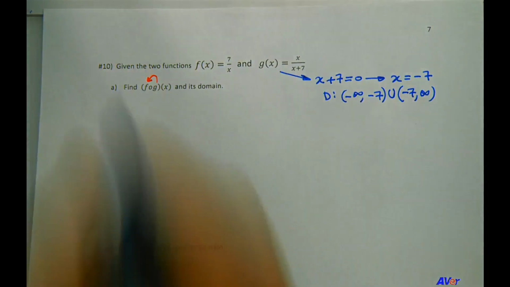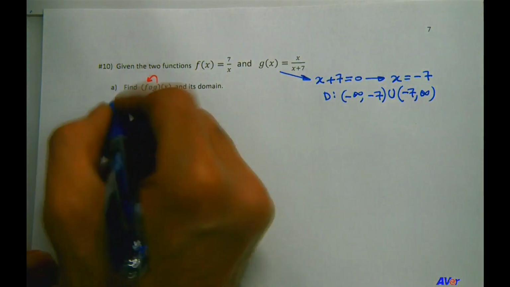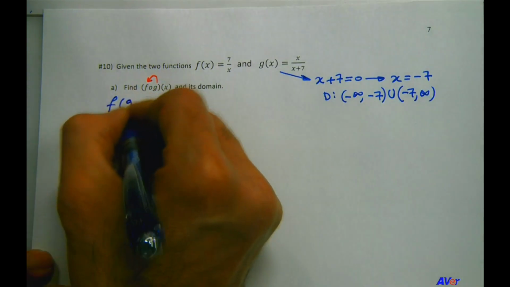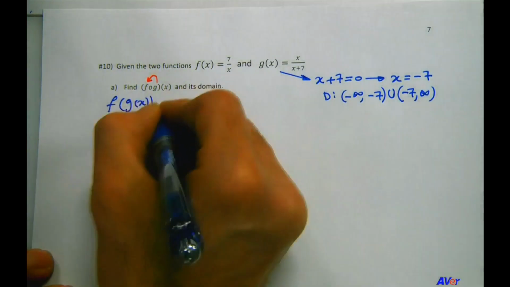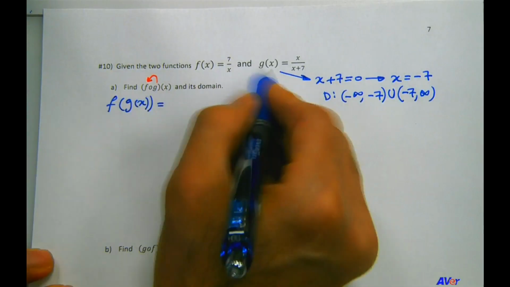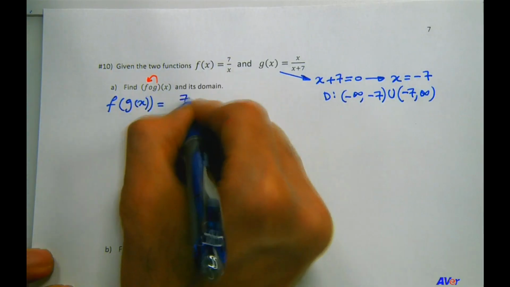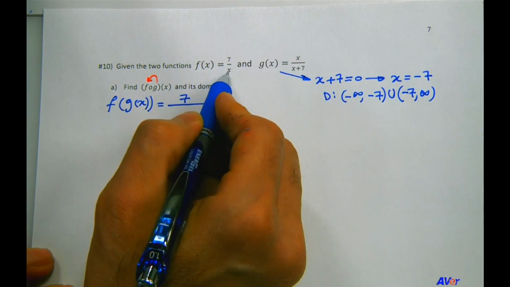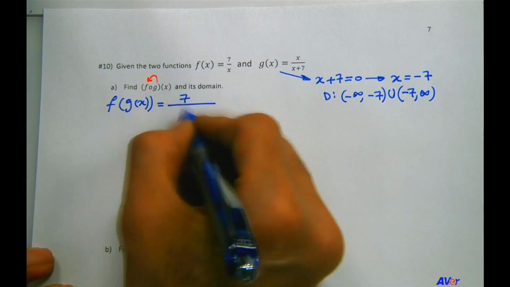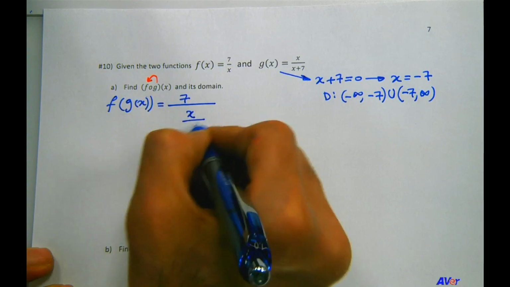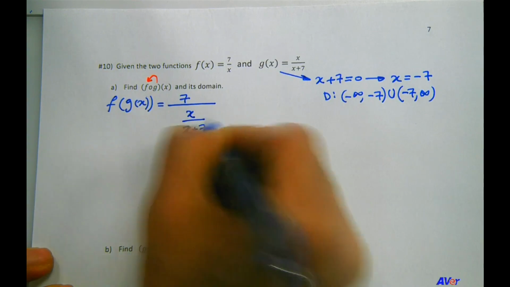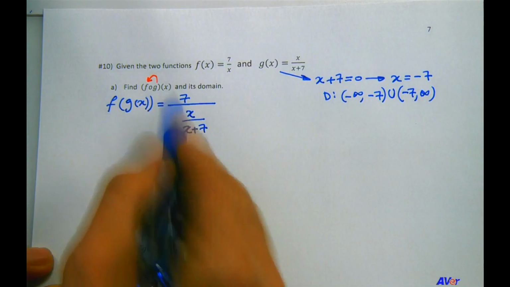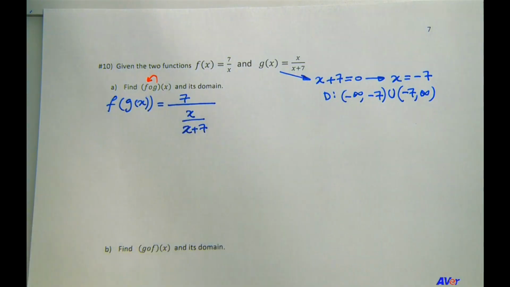Okay, now let's find the composite function. So that g goes inside f. So 7 divided by, all of that should go where x is. So x divided by x plus 7, right? So we end up with a complex fraction.